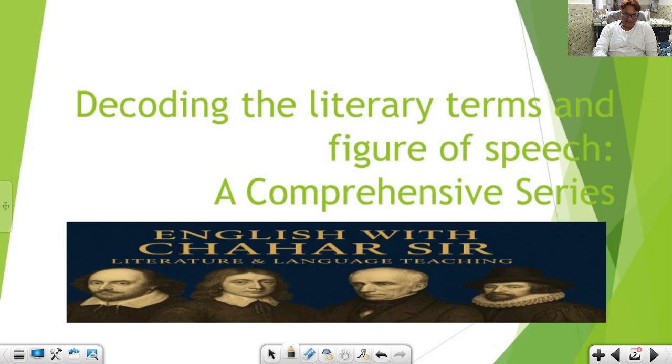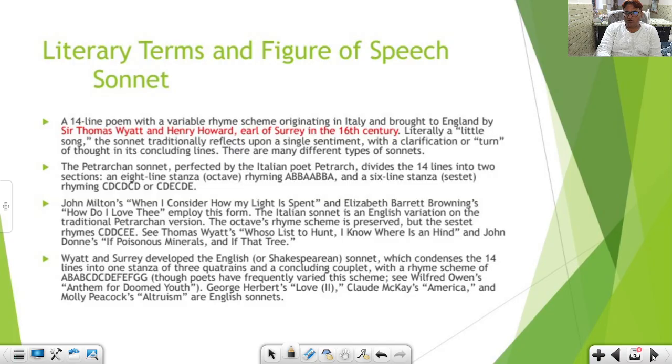So, without wasting any time, let's move to today's literary term, and that term is soliloquy.